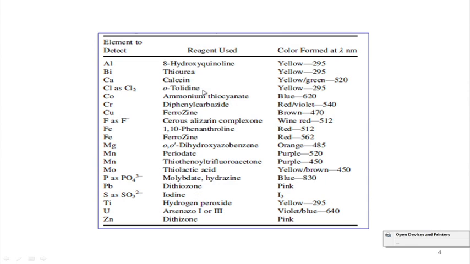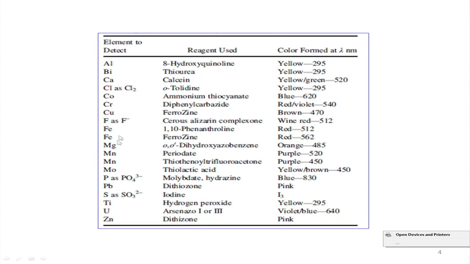So, this coloration for 8-hydroxyquinoline, which is yellow, so you see it is in the range of say which is very far from the corresponding visible range, and which is strongly yellow only at 295 nanometer. So, it is close to 300 nanometer basically. So, but the instrument can detect it, but it is very difficult to detect that through our naked eyes.